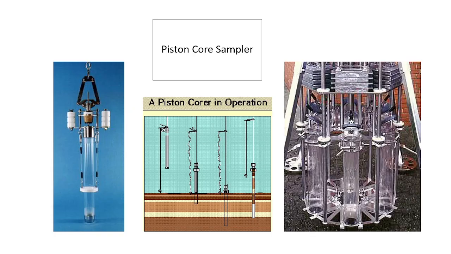So next is the piston core sampler. So in piston core sampler, what will happen? We have one piston assembly, this type of assembly will be there. So a relatively undisturbed sample will be obtained from the seabed.